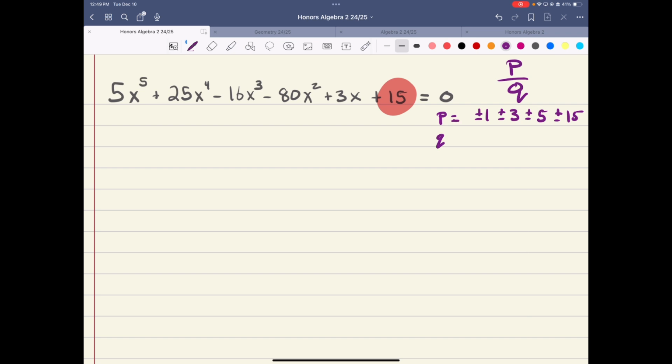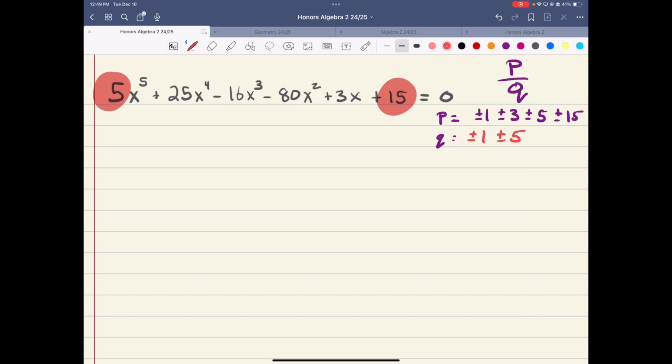The q-values, remember, are the factors of your leading coefficient. So our leading coefficient in this case is 5. So our possible q-values are plus or minus 1 and plus or minus 5.